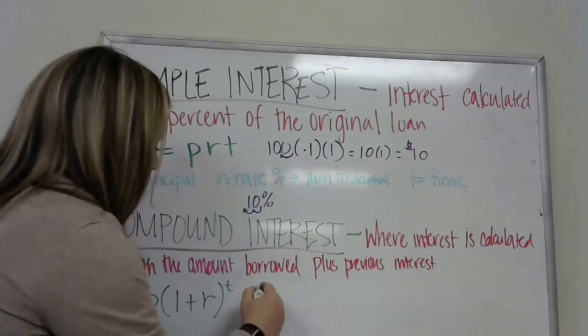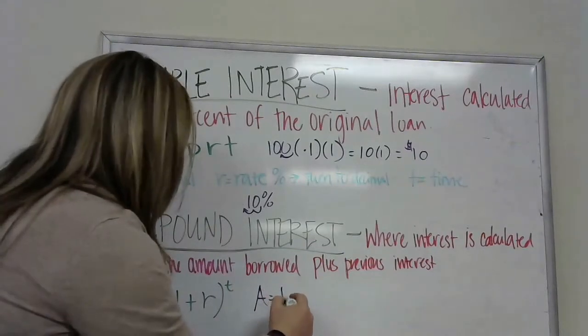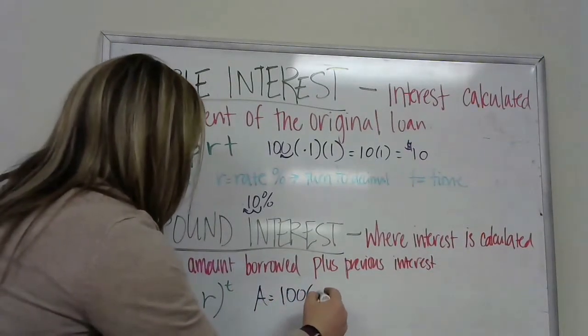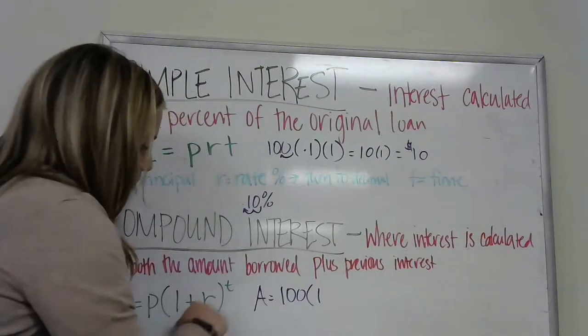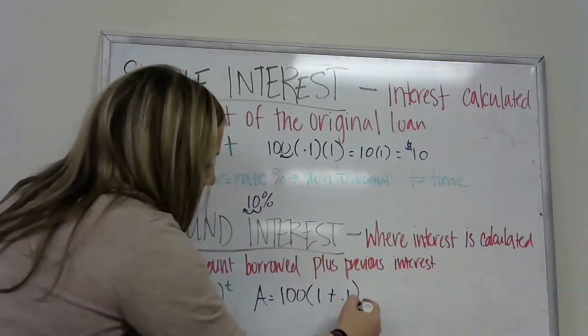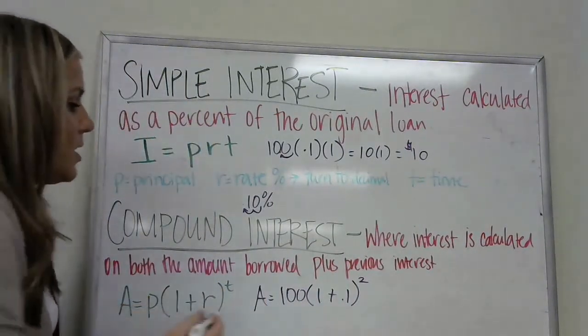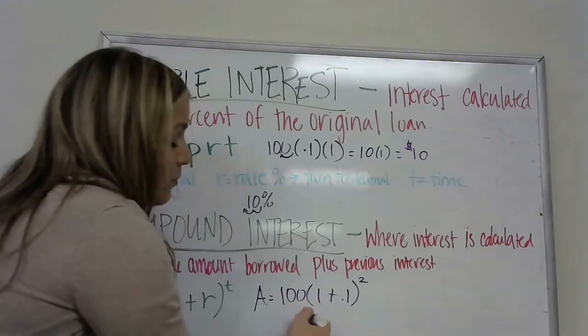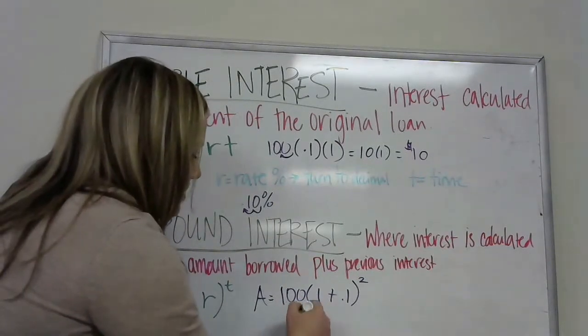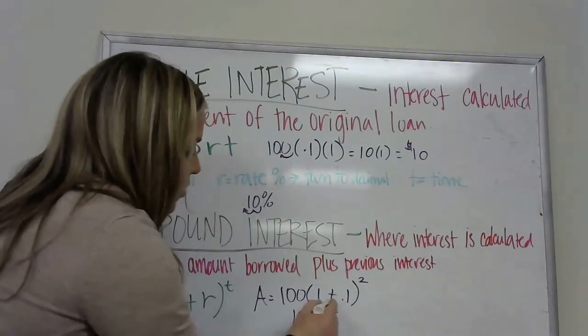We have the total, I'm borrowing $100, times 1 plus the rate, which we already said was 0.1, and then it's going to take me 2 years, so to the second power. All right, so 1 plus 0.1 is 1.1, so 100 times 1.1 squared.